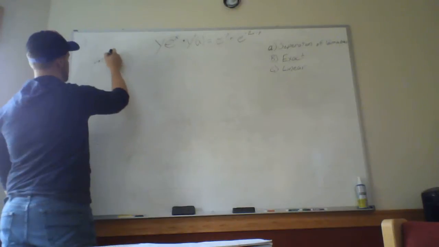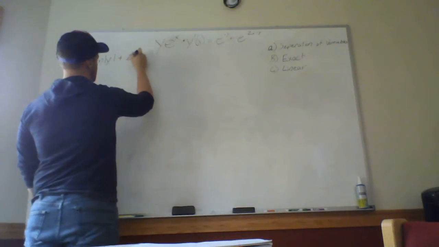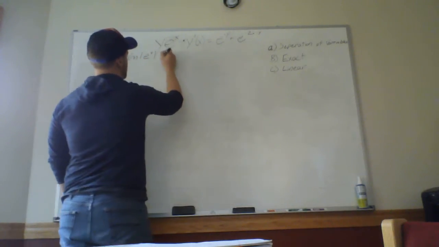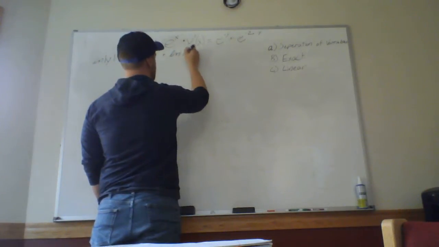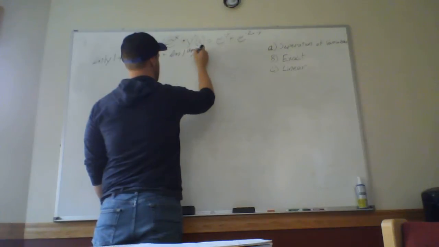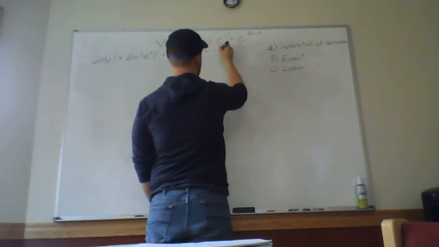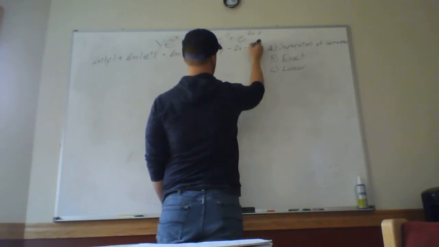So we will have natural log of y plus the natural log of e to the x plus the natural log of dy dx is equal to negative y subtract 2x minus y.